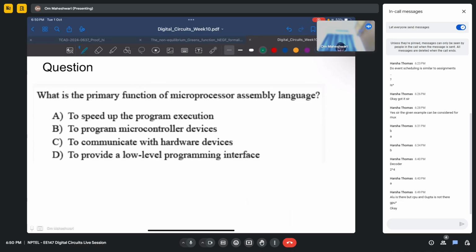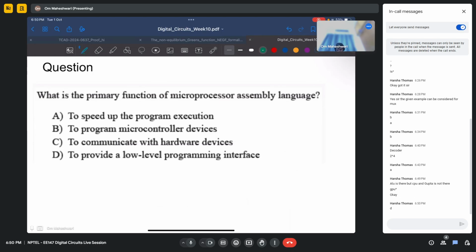What is the primary function of a microprocessor's assembly language? So D is the correct answer. Like we already discussed in the previous question, it converts our instructions to some binary or some readable low-level form which the machine can read.